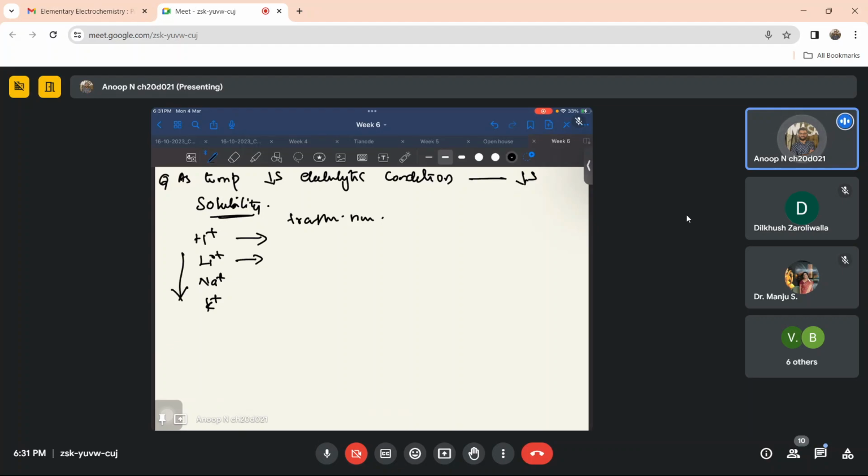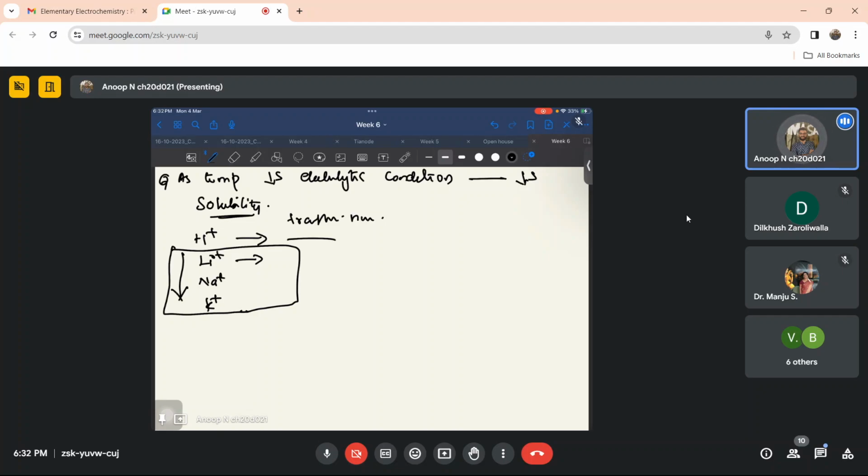Have any of you tried to find the answer for this? There is a specific trend here for all these three. I don't remember the values, but from Li plus to Na plus there is a gradual increase in the values of conductivity.